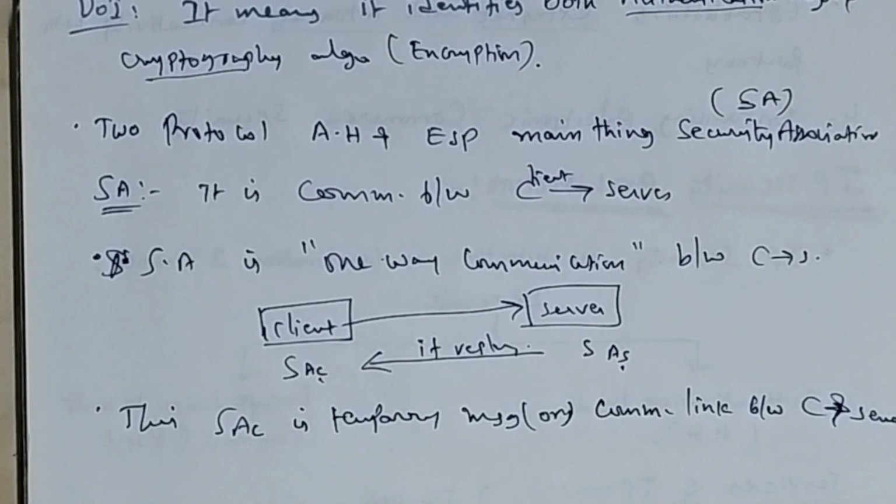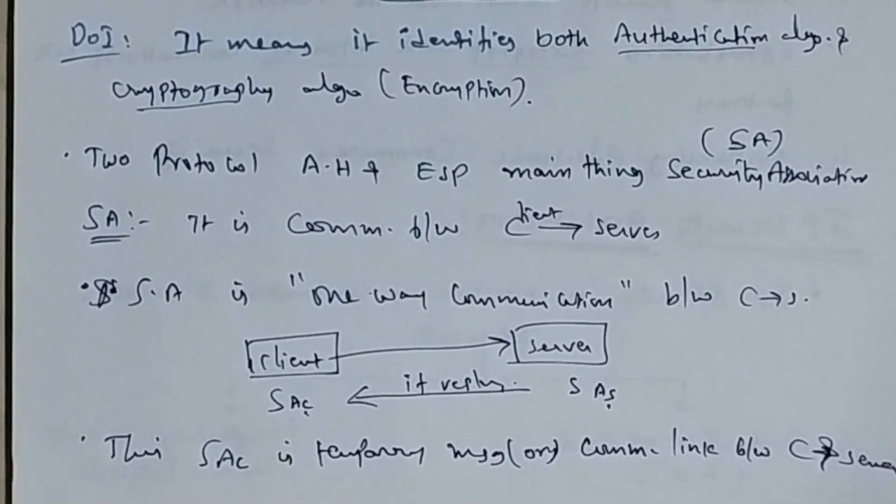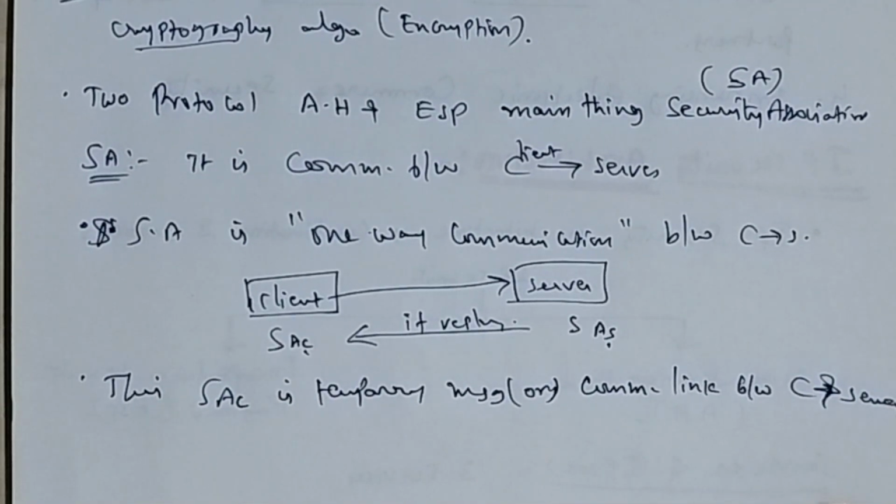If two parties want to communicate, a security association should be established, when they want to exchange information.